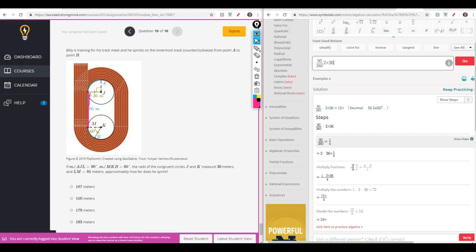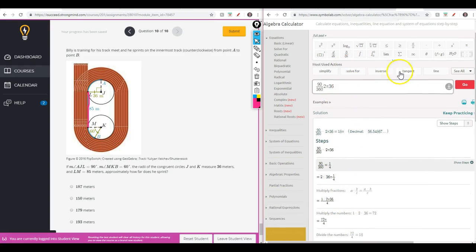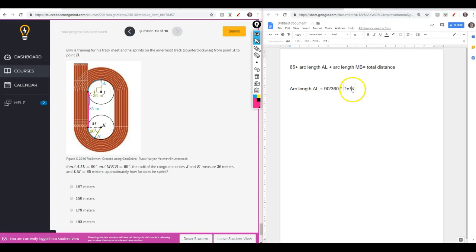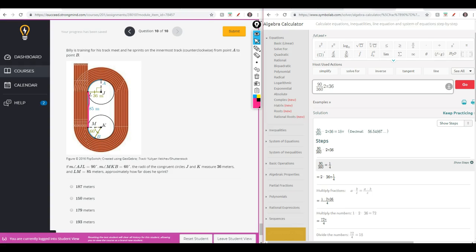Use your judgment, based on the direction of your education, to decide whether following along and understanding the steps of this is for your highest benefit for your future learning. So that equals 56.54867.